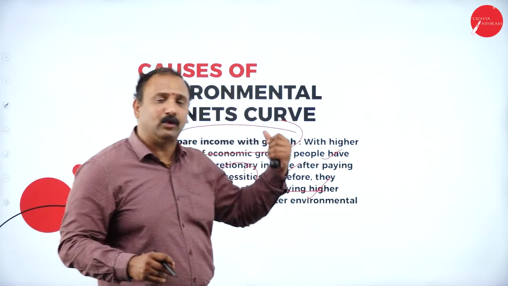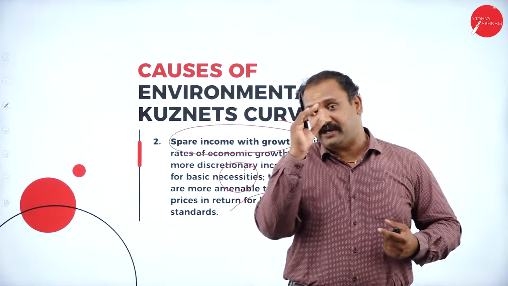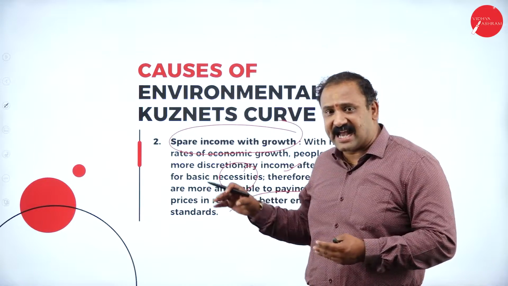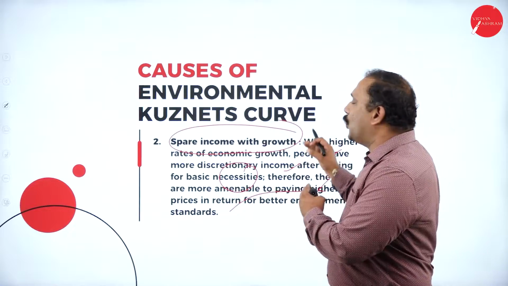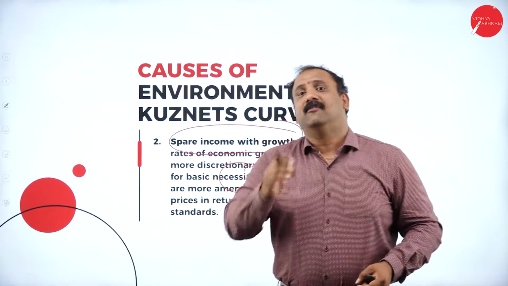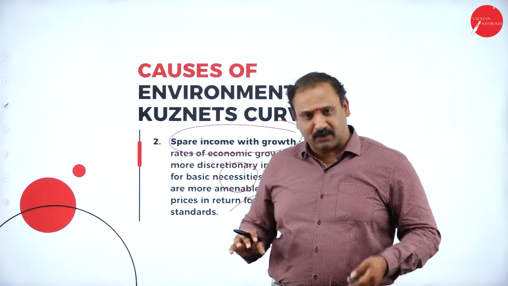You want to go back to the place where the environment is neat, clean and green, and you're ready to pay a price for it. That's exactly where Kuznets comes back and says spare the income with growth. So you are ready to shell out your income for a better environment altogether. So that's the second part of the story.